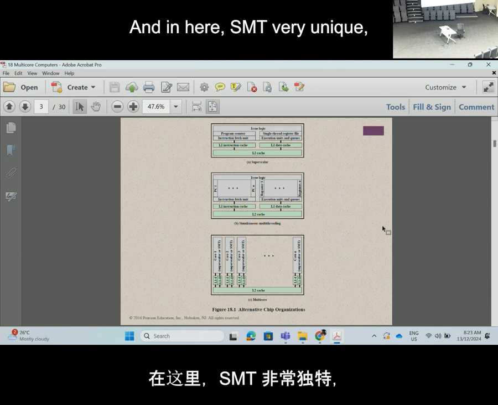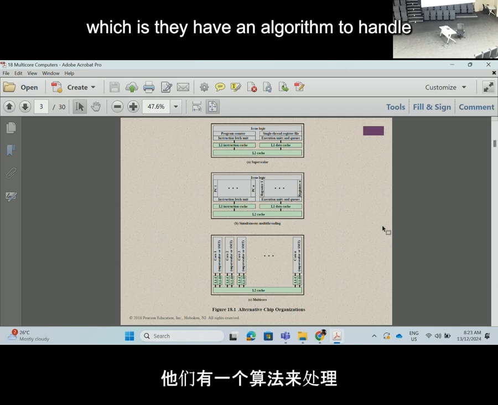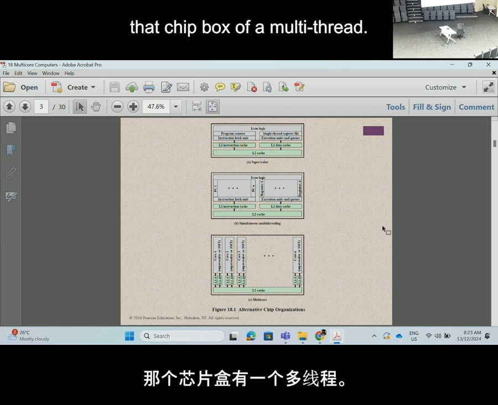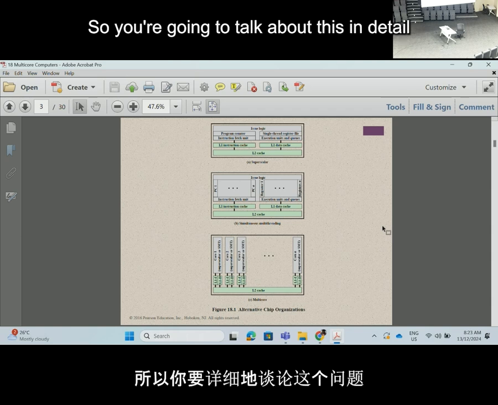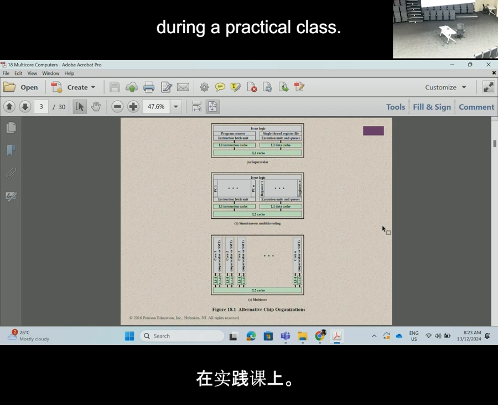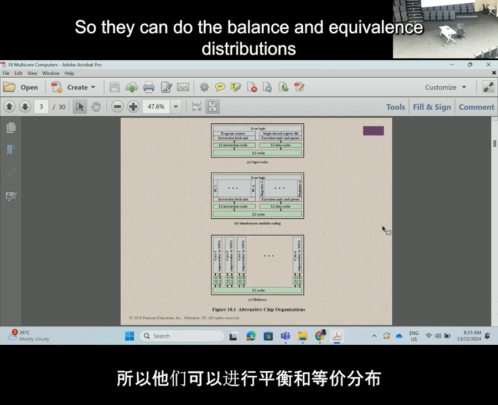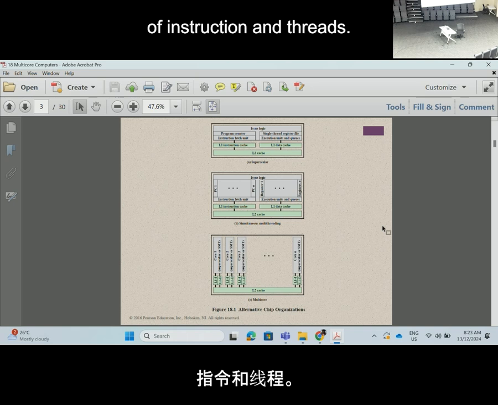And in here, SMT is very unique, because it has an algorithm to handle the multi-thread. They are using dynamic scheduling. So you are going to talk about this in detail during your practical class. So they can do the balance and equivalent distribution of instructions and threads.